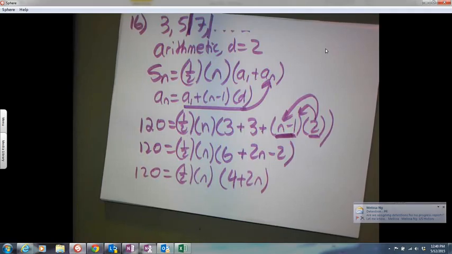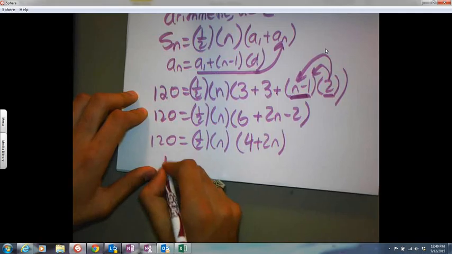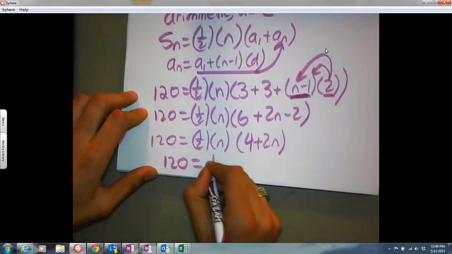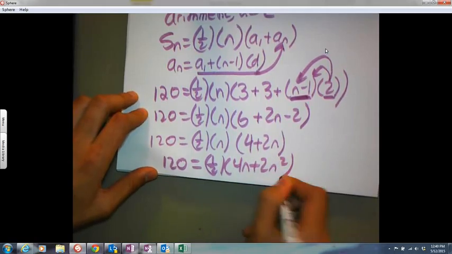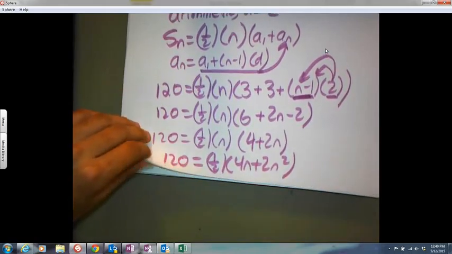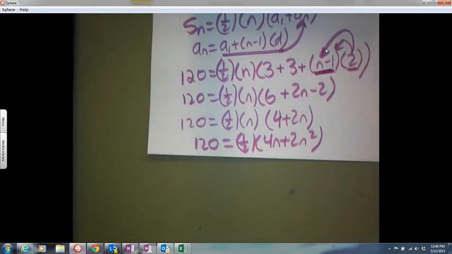Multiply everything by n. Just distribute that n. Distribute the 1/2 now. And please stop me if there's questions. I think most folks are able to do the algebra on their own without me.